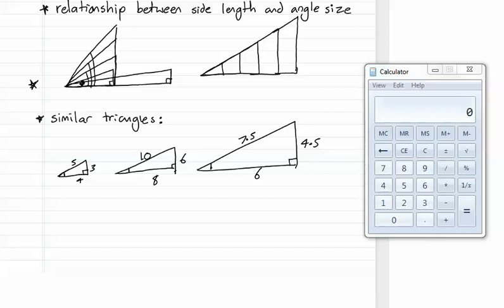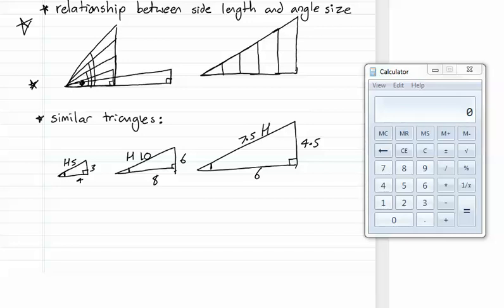And now we need to remember that there's a relationship between side length and angles. That brings me to similar triangles. Here are three similar triangles. Let's label their sides. You'll see I've got an angle marked in each one. Start always with the hypotenuse, opposite the right angle. Opposite the right angle. And in this last one, opposite the right angle.